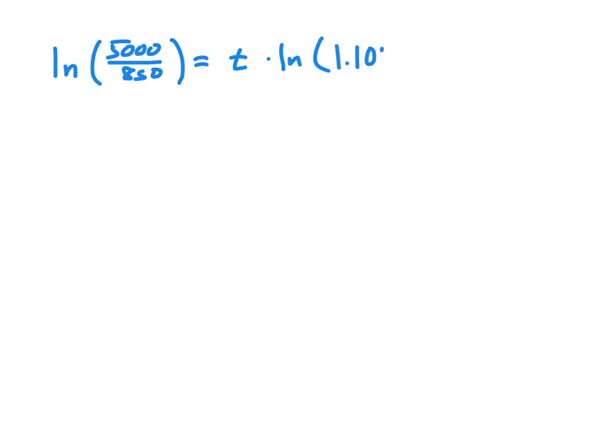When we do that, we get natural log of 5,000 over 850 equal to t times natural log of 1.1049. And now to solve for t, we can simply divide by the natural log of 1.1049.